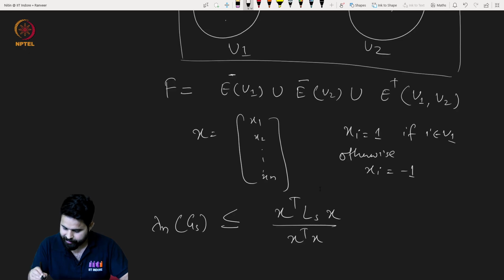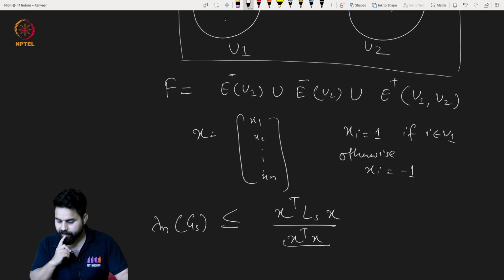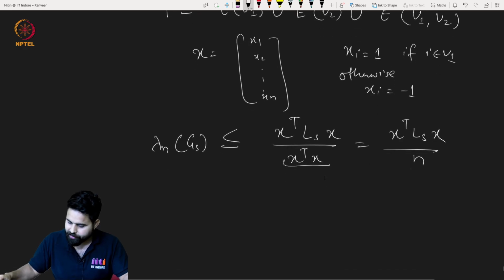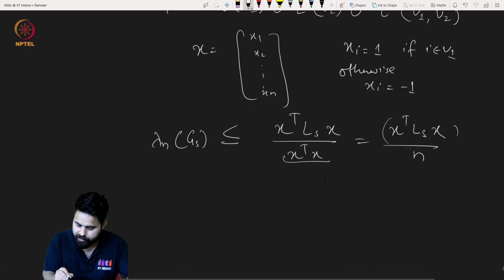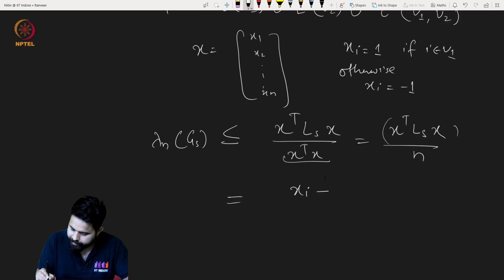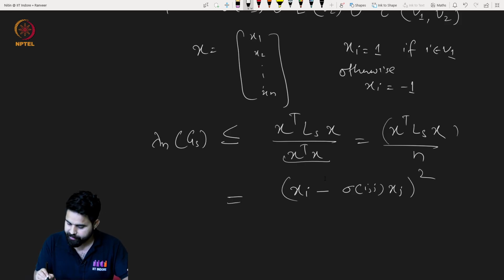Here x transpose x is nothing but n, so this is x transpose L_S x divided by n. Let me further write and open it. So this is nothing but the sum of (x_i minus sigma(i,j) times x_j) squared, divided by n.